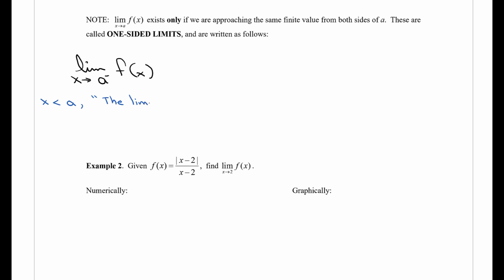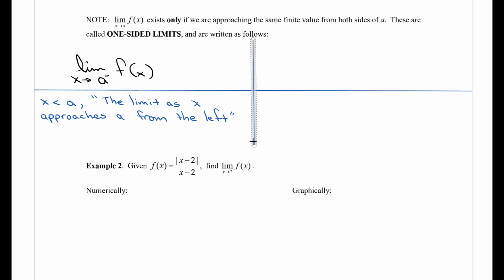And then in quotation marks, the way we read this out loud would be the limit as x approaches a from the left. And then I'm going to end the quotation marks right there.